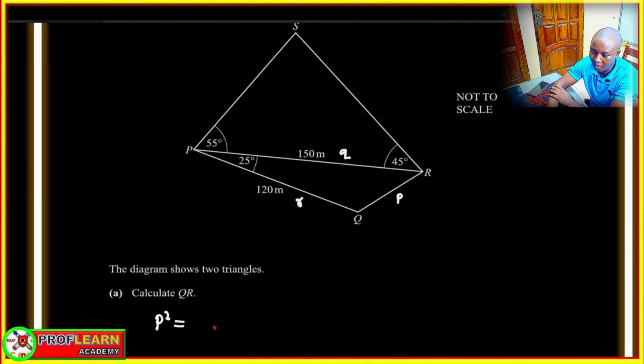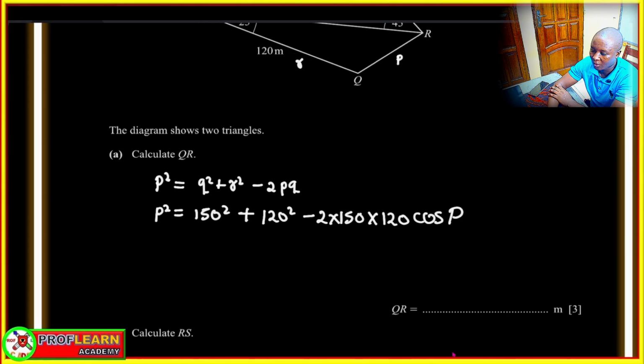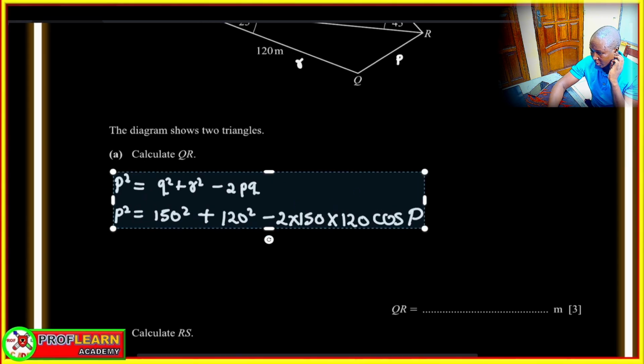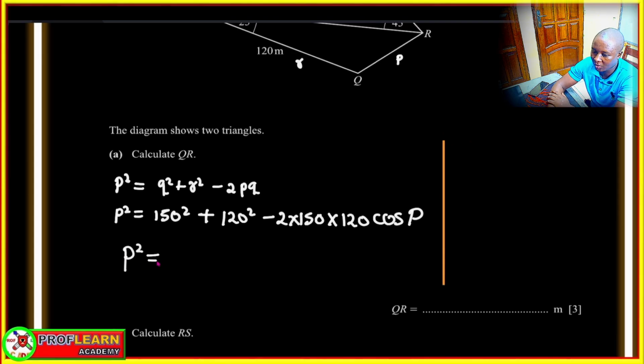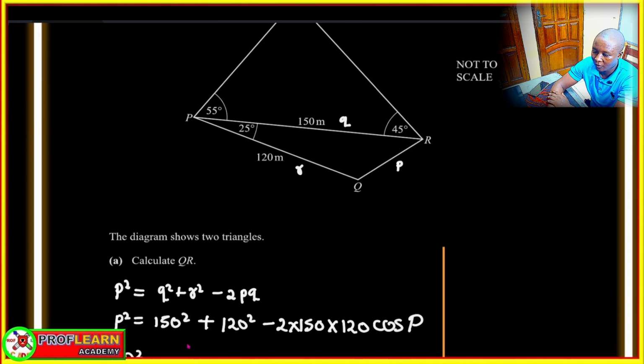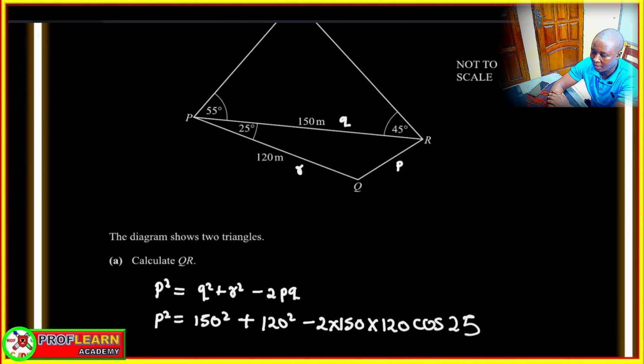Then we can write the cosine rule formula, but here we are going to include cos of P, and P is 25, which we're going to change there so that we can say P squared is equal to 150 squared, and so on.